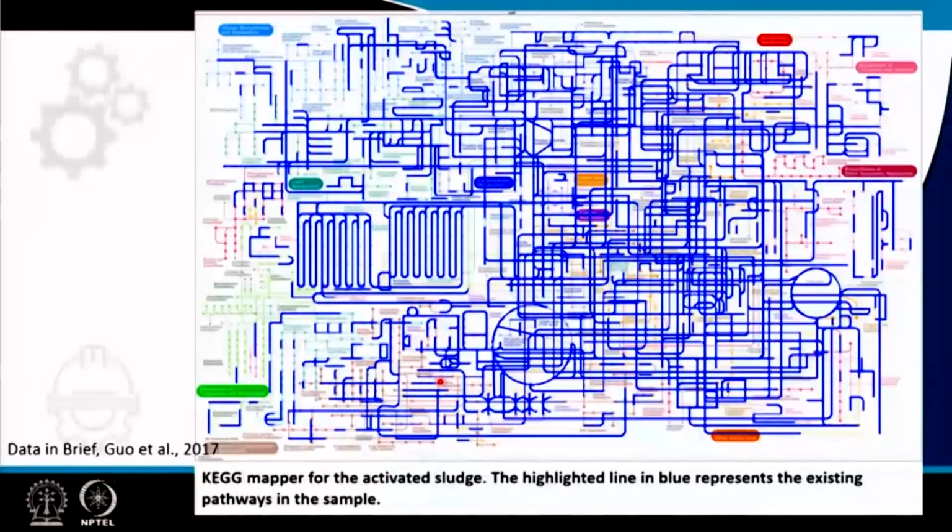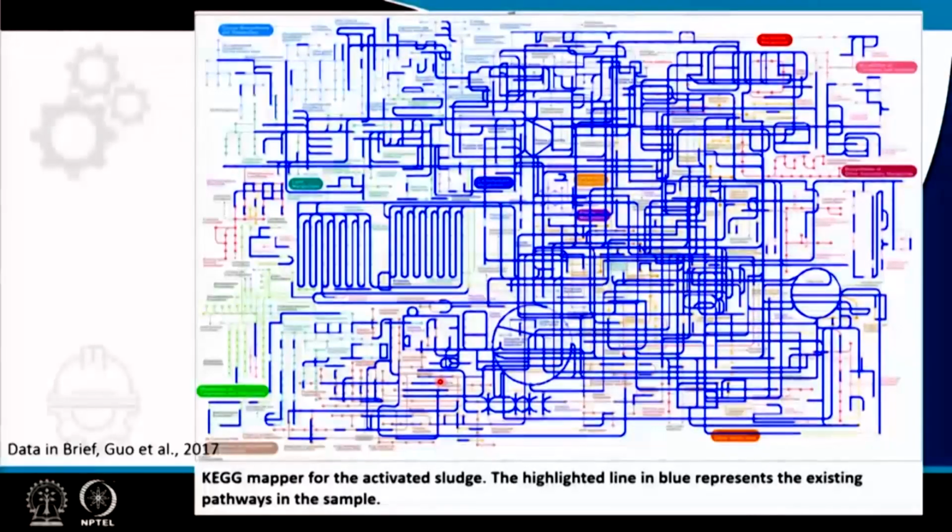Within the activated sludge or the wastewater sample, there may be millions of bacteria of several thousand species. So, rather than relying on the functions carried out by 1 or 2 or 3 or 4 species, we can see the total function carried out by this sample, or the community of this particular wastewater system. This is the picture over here.